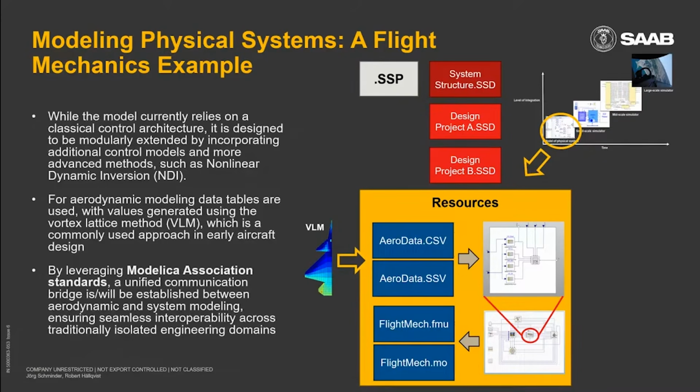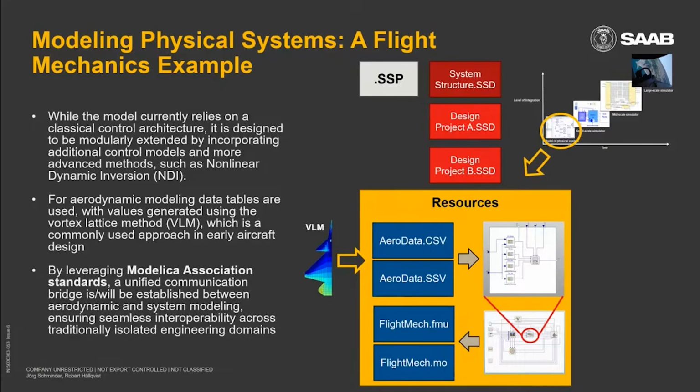The aerodynamic data are an important part of the flight mechanic model, and the flight mechanic model can then be saved as a .mo model, or directly exported as an FMU if you want to share it further with other simulators. Like I said, we use CSV files at the moment.